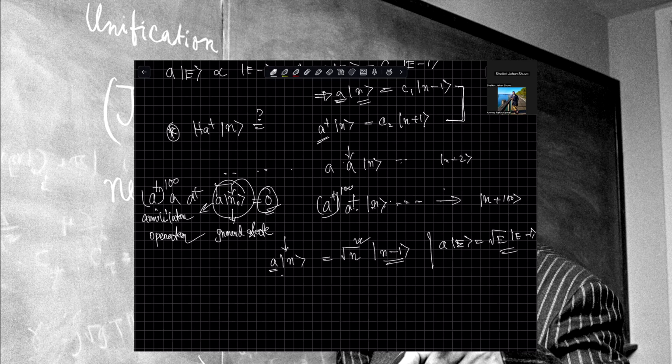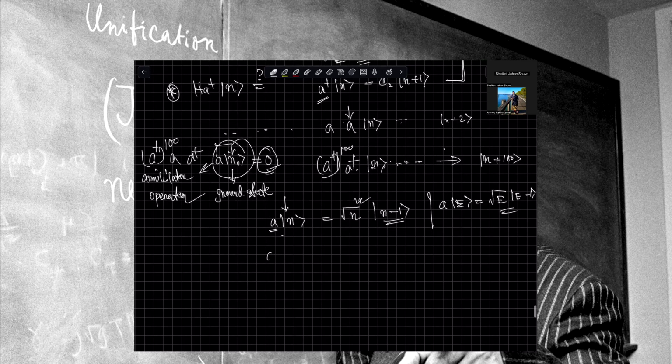However, now your energy level has gone down by 1 step. And the creation operator gives you square root of n plus 1 with n plus 1. So if you want to compute the expectation value, this will just become n.